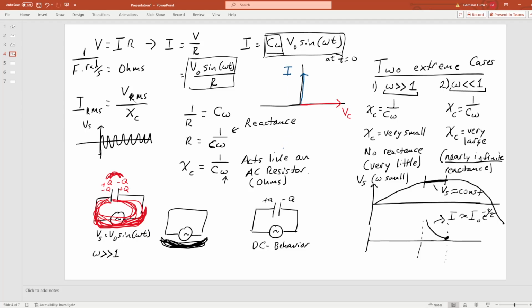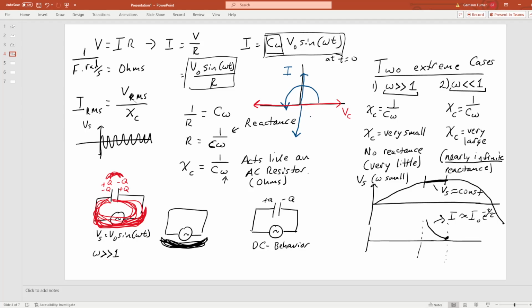Okay? Then this system, as time goes, okay, this system is going to rotate. And eventually, the potential will be completely reversed in the opposite direction. And my current in that case will be flowing in the opposite direction.